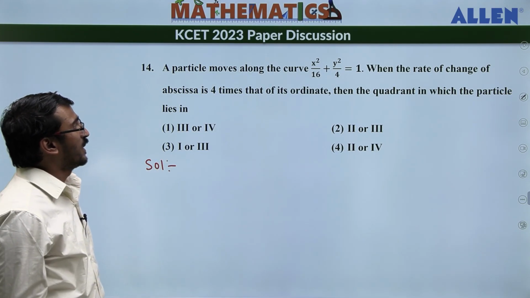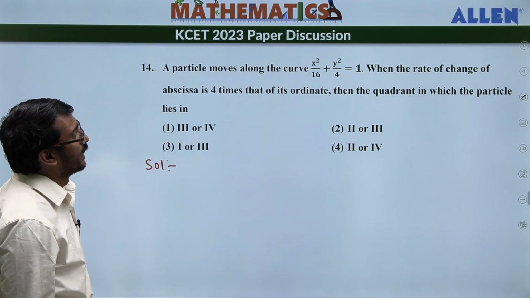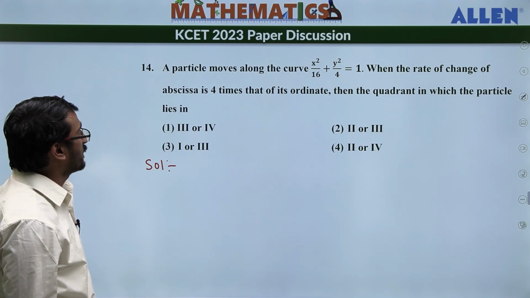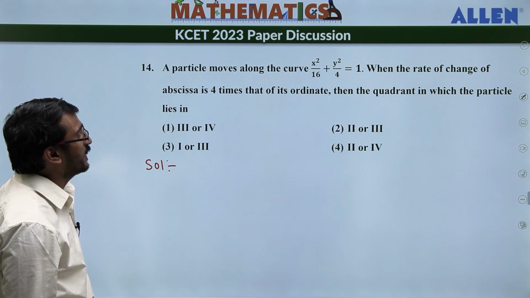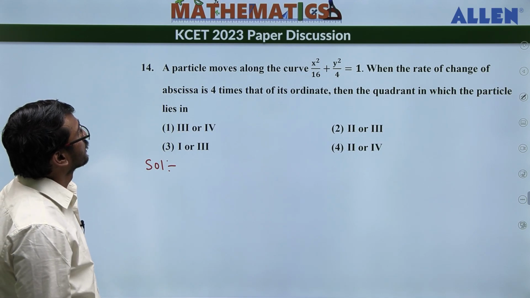A particle moves along the curve x square by 16 plus y square by 4 is equal to 1. When the rate of change of abscissa is 4 times that of its ordinate, the quadrant in which the particle lies in.